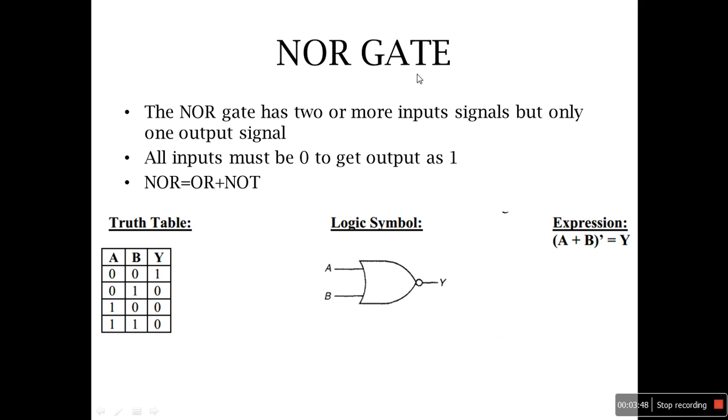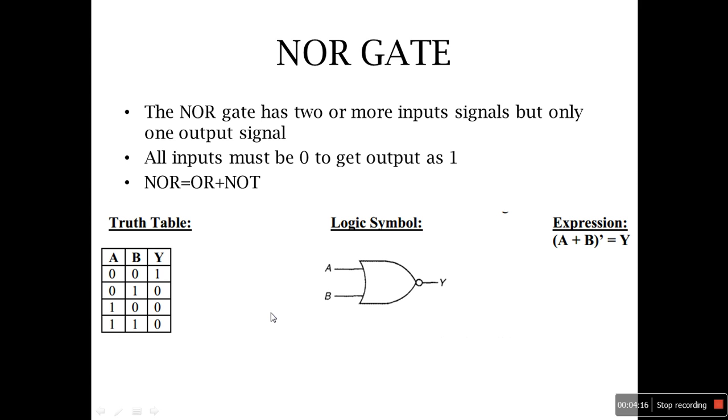Similarly, we are looking into the NOR gate. The NOR gate is a combination of, again, two gates, an OR gate followed by a NOT gate. In a NOR gate, all inputs must be 0 to get the output as 1. In an OR gate, we used to get output as 0 only if all the inputs are 0.